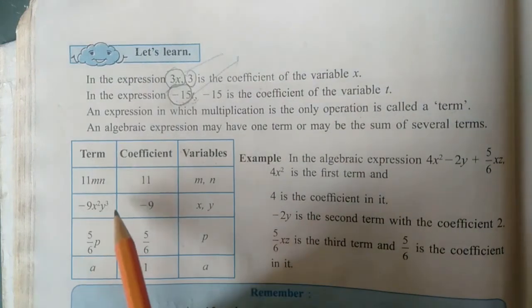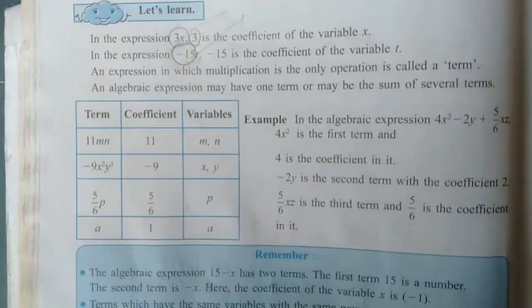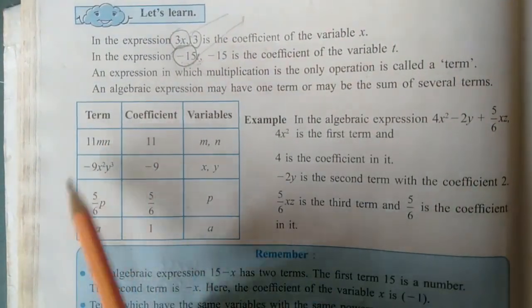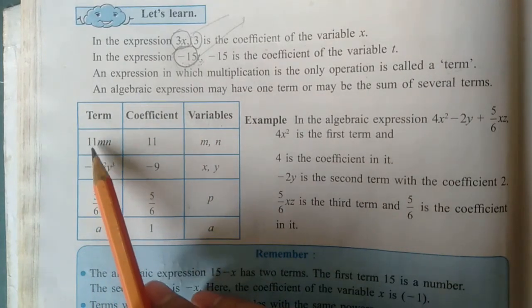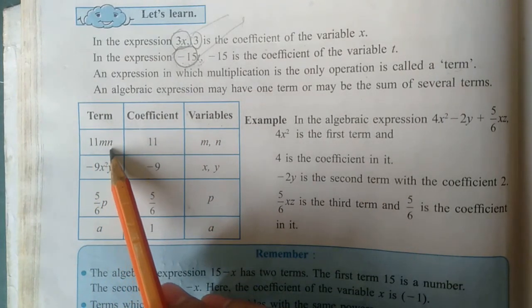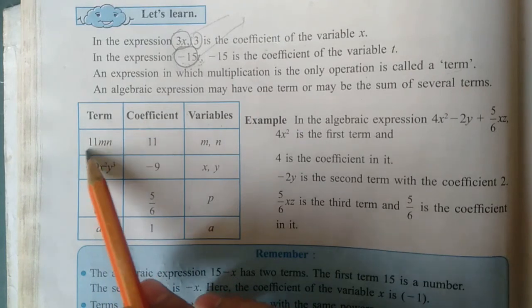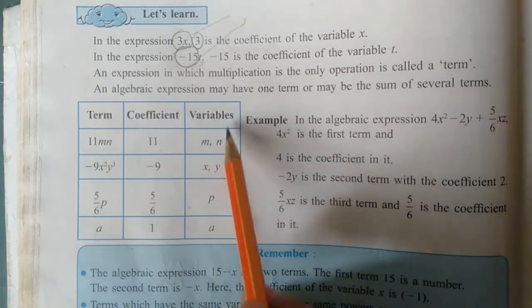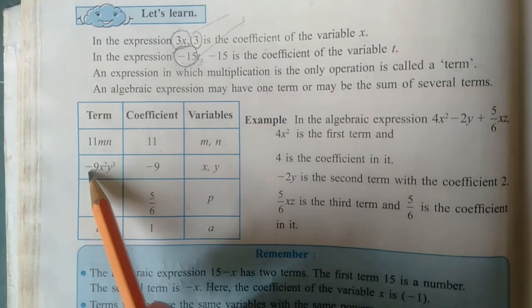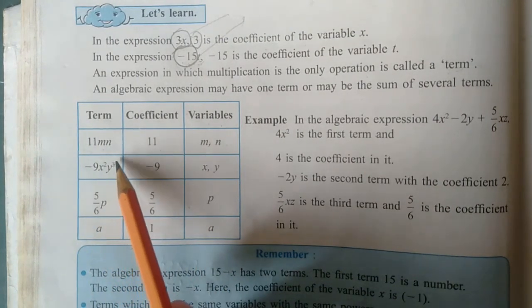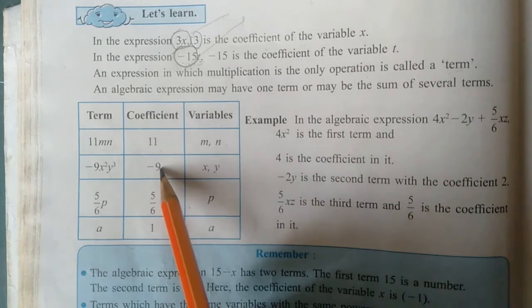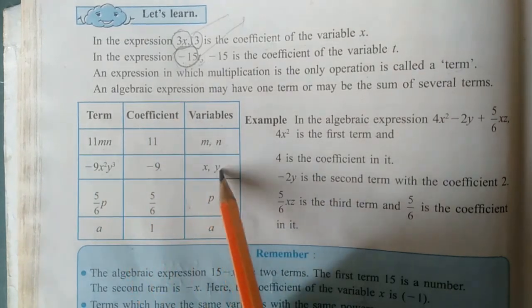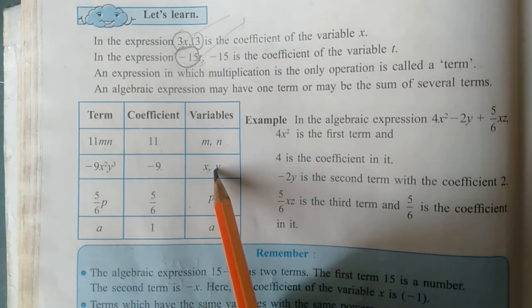Understood? So see, one table is given here. See the first term, 11mn. Here the numeral part is 11, so it is the coefficient, and m and n are the variables. Minus 9x square y cube. Here minus 9 is the coefficient, x and y are the variables.